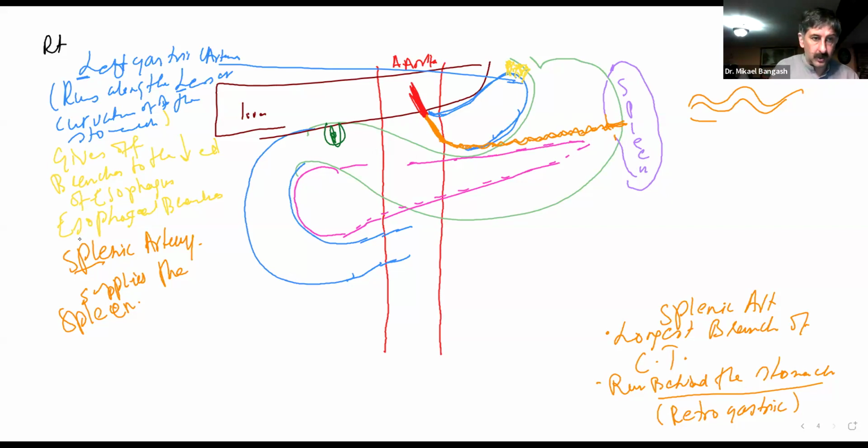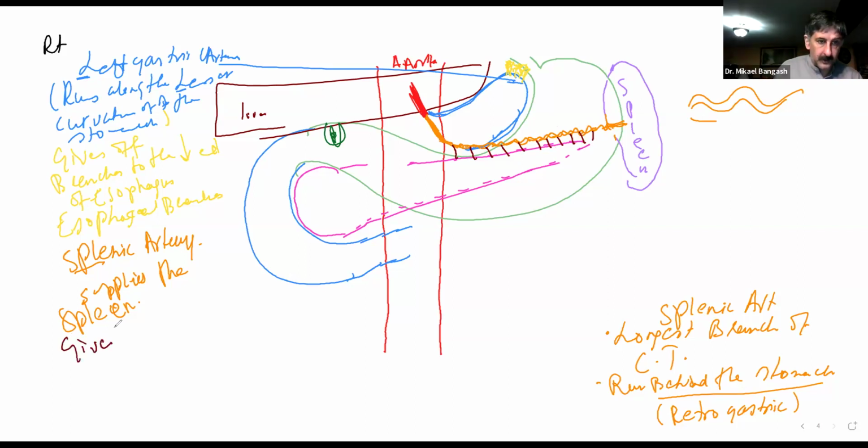So what it will be doing at this part here is giving off branches like this that are going to supply the pancreas.